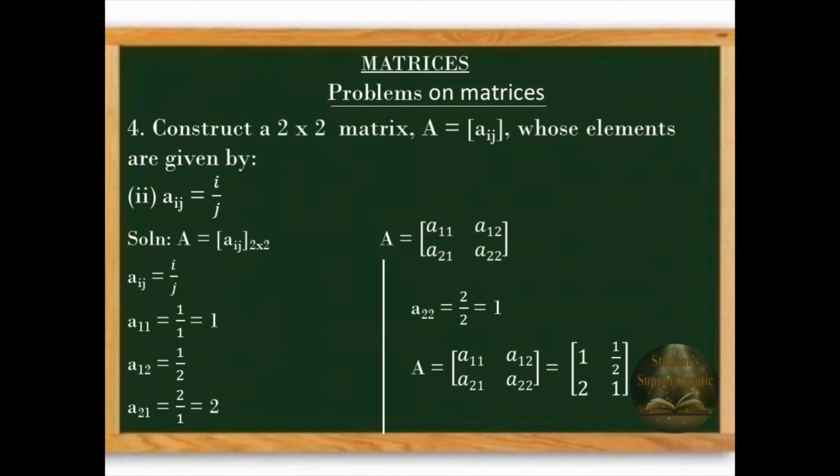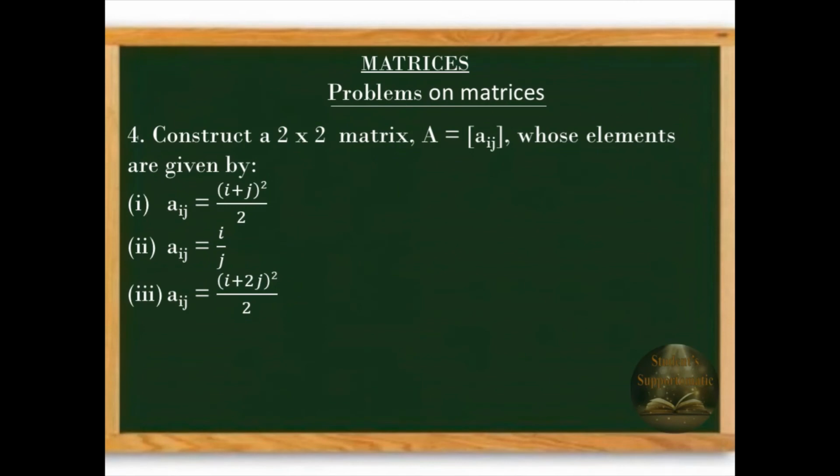Now the third part is aij equal to (i plus 2j) whole square by 2.